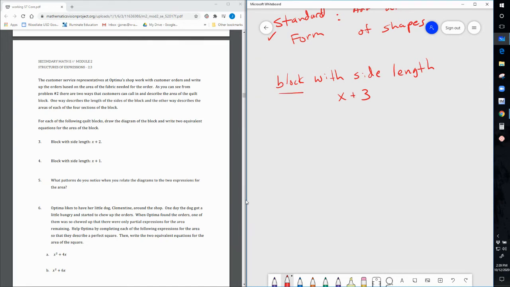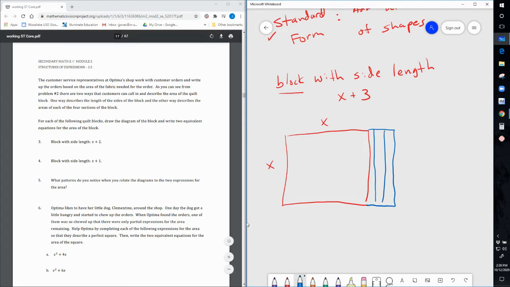Guess what? You're going to end up drawing the exact same shape that you saw in problem number 2 for this one. So you basically just say, hey, I start with this regular block, x by x, and then I add 3 rectangles to both sides. So there's 1, 2, 3, and then do it to this side.